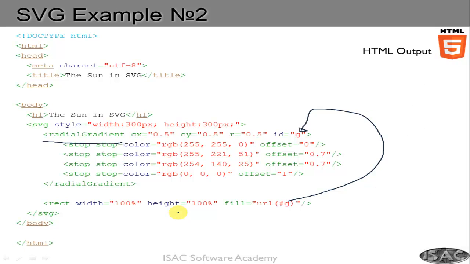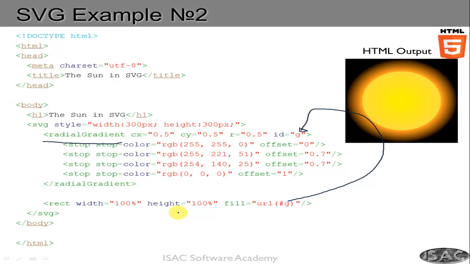Once you run this, the output of this SVG example will look like this. So if you want to draw a glowing sun, it is very simple to draw using SVG techniques in HTML5. You can try this code and then you can take it from there.